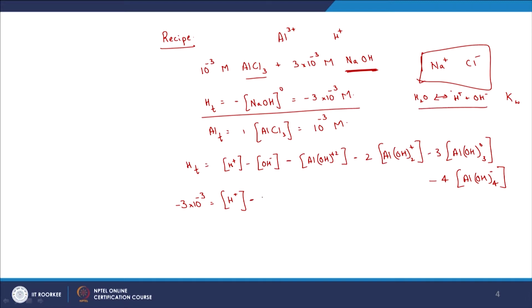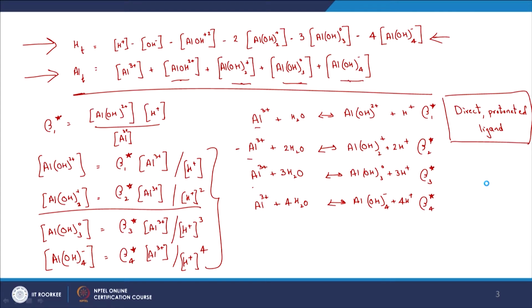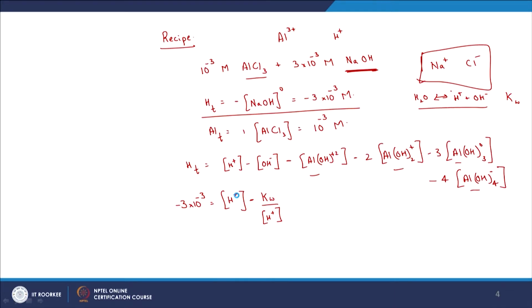So we know that OH- is going to be equal to Kw by H+. And how can I express these variables here now? I can express them in terms of what we calculated out here, in terms of the various variables, and I'm going to plug that in here.